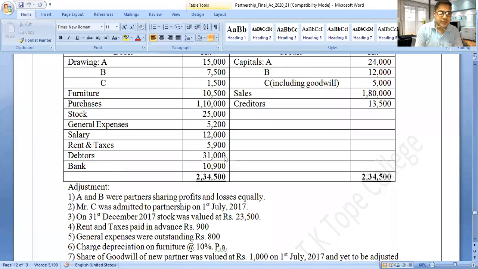Now the next item is debtors 31,000 and bank 10,900. Debtors and bank we have to show on the balance sheet asset side.